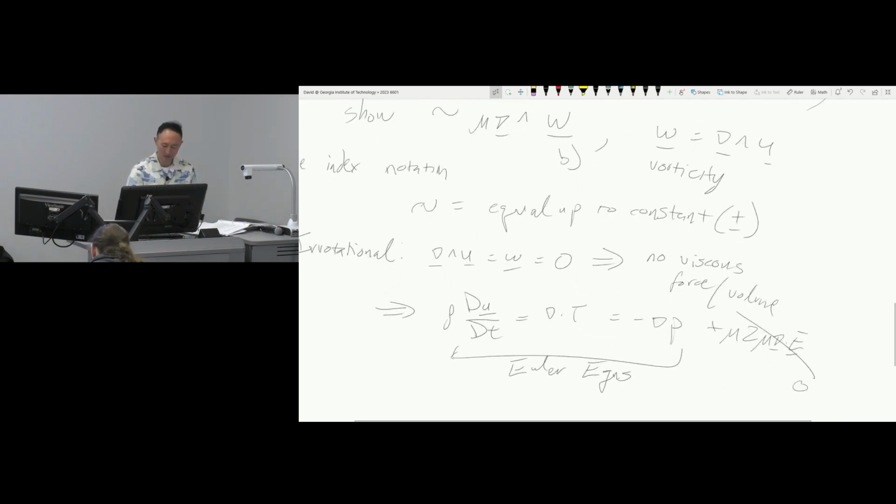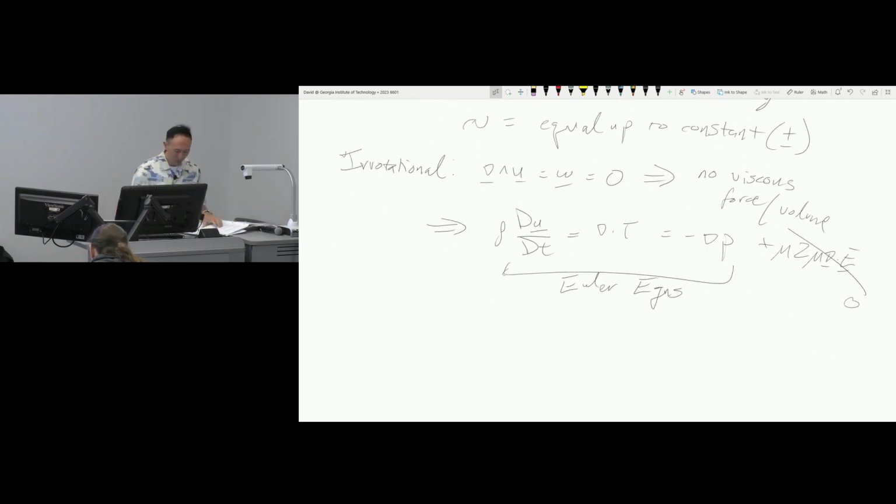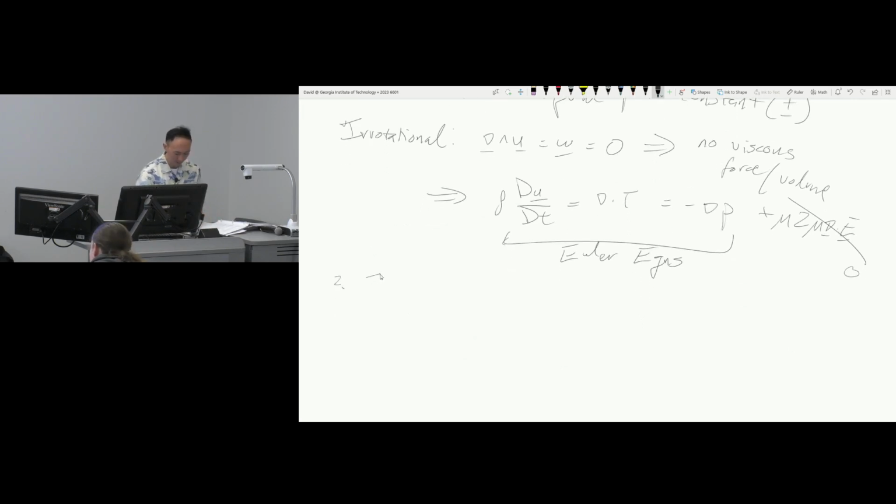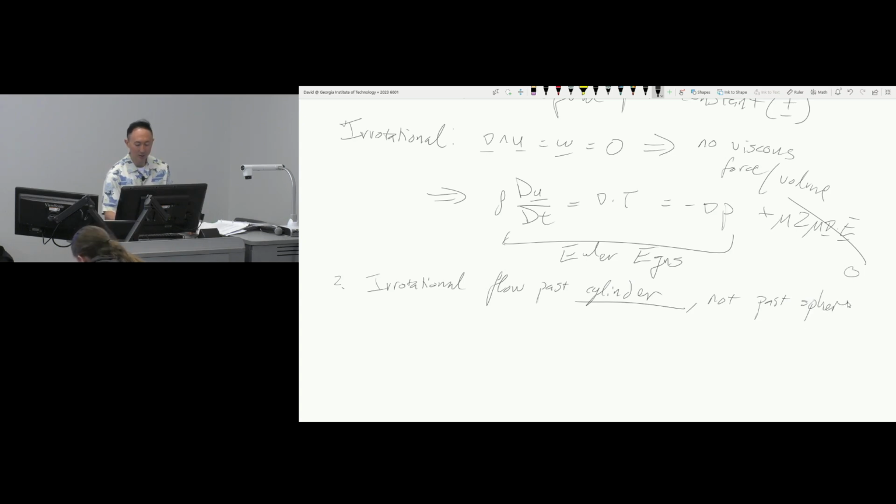All right. Number 2, irrotational flow past the cylinder. The key word here, if you want to get full credit, is past a cylinder, not past a sphere. What we did in class was a sphere, and there are differences in the way you do the vector calculus.